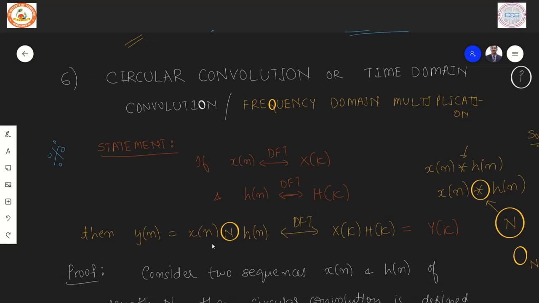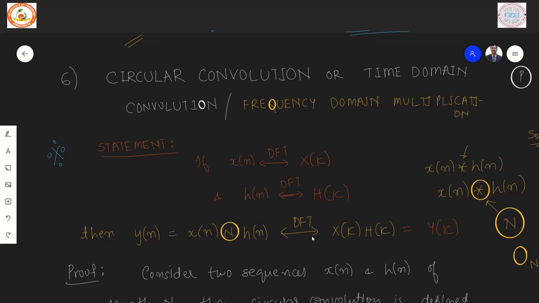Now, if you are convolving x of n with h of n, to indicate that we are doing circular convolution, we can put capital N within a circle, or we can use the symbol star, which is normally used for linear convolution, but if you enclose it in a circle, that becomes the symbol for circular convolution. So here we use N inside a circle, or star within a circle.